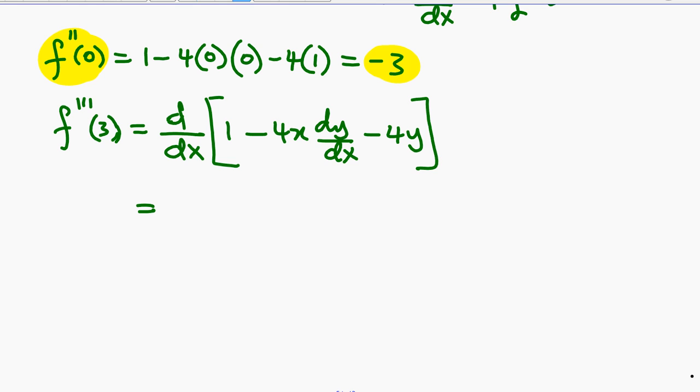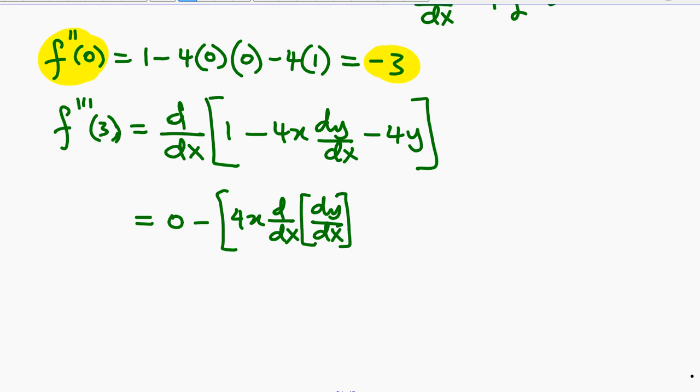So this will be equal to 0 minus, I'll have to use product rule there. So that will be 4x d over dx of dy over dx plus dy over dx of d over dx of 4x.